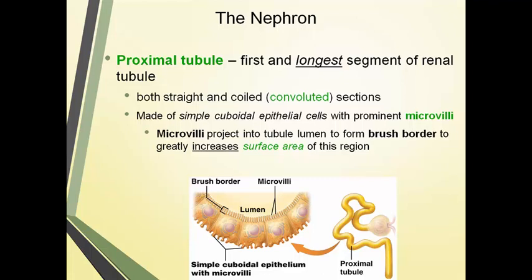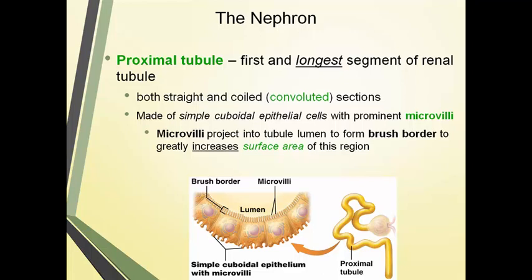So starting with the proximal convoluted tubule, or the proximal tubule, I mentioned earlier it is the longest and also the first segment leading out of the renal corpuscle. It's very highly convoluted, meaning twisted about. Notice that you have simple cuboidal epithelial cells, designed with microvilli so that you can have all of that filtration that happens.